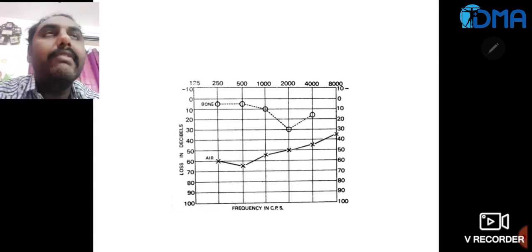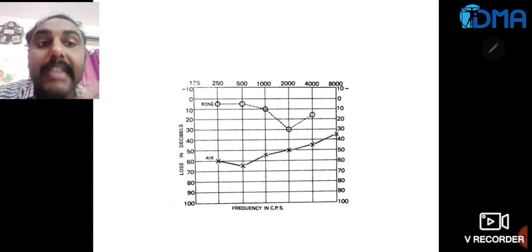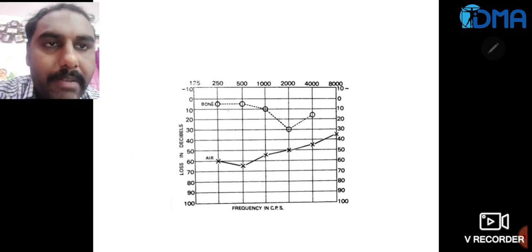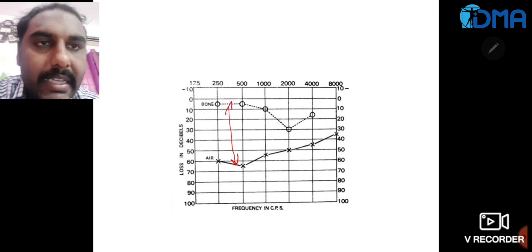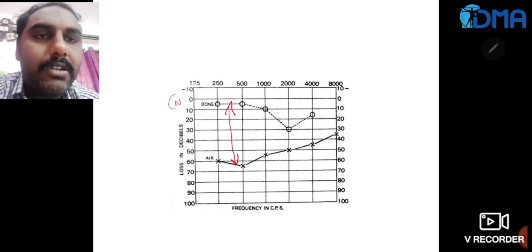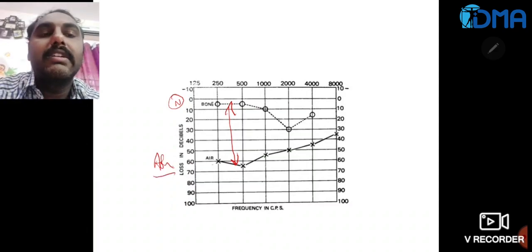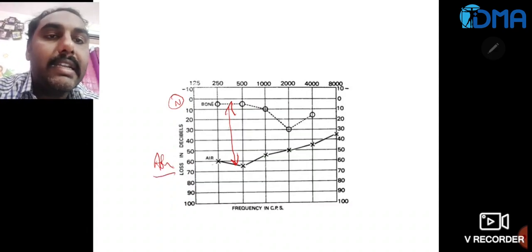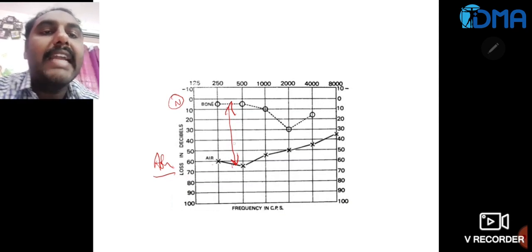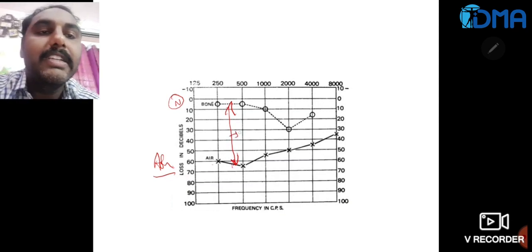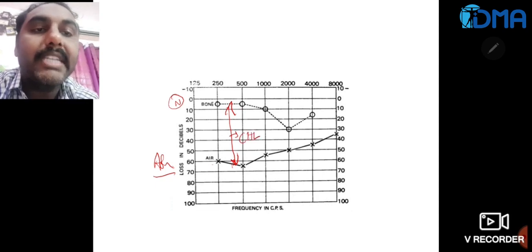Say which of the following could be the diagnosis in this condition. Diagnosis. So when we check the audiometry pattern, here the bone conduction 0 to 10 decibel, it is normal. The air conduction 60 decibel, that is abnormal, right? And here I could see some gap between the air conduction and bone conduction, right? So this indicates a conductive pattern of hearing loss.